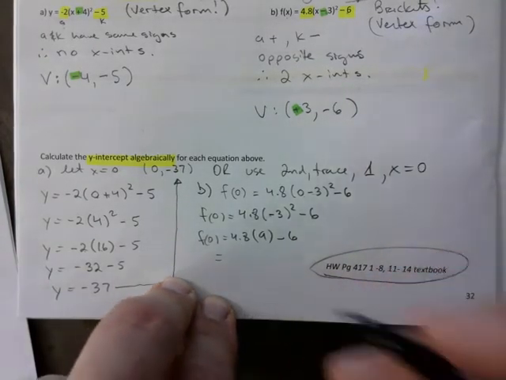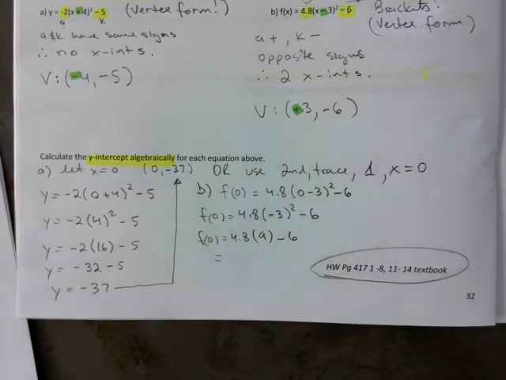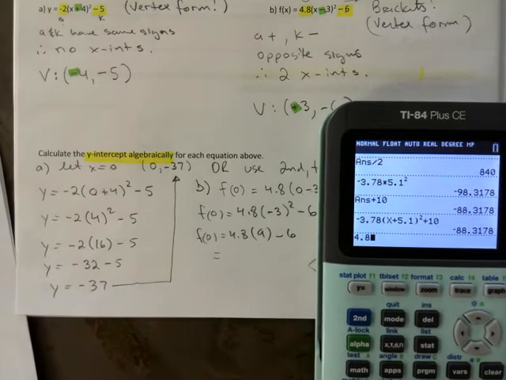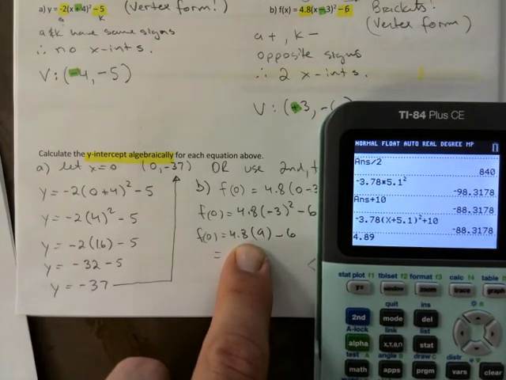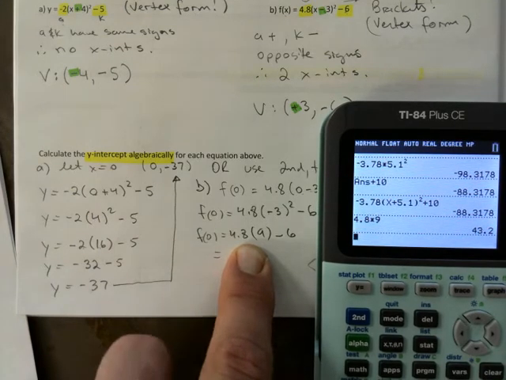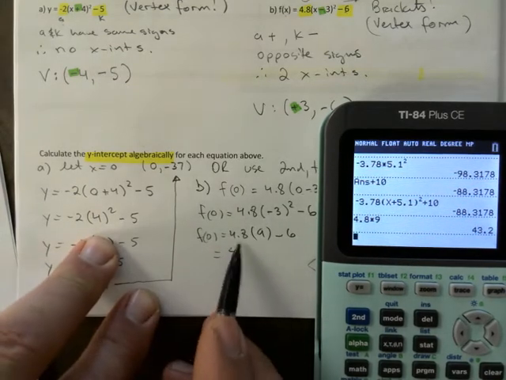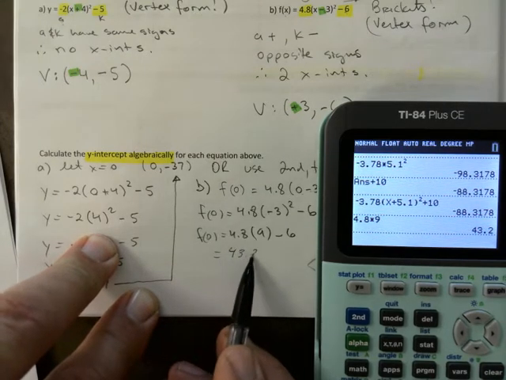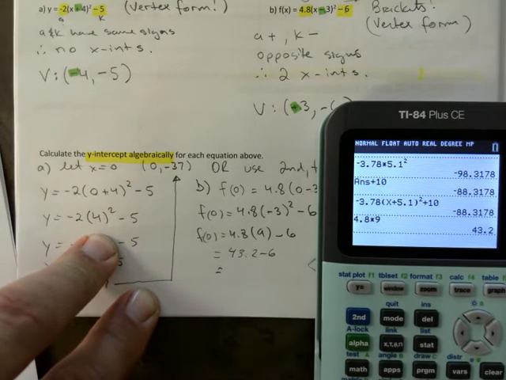Okay. So we go 4.8 times 9. Oops, get this right. You use your calculator if you need to. 4.5 times 9 would have been 45, so we know we're on the right track.